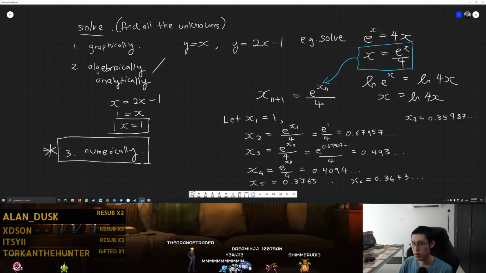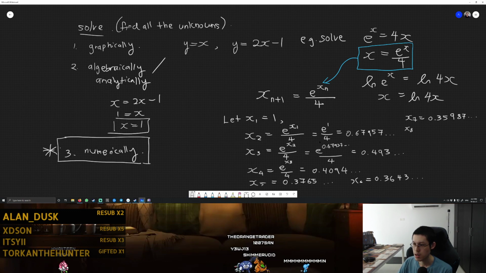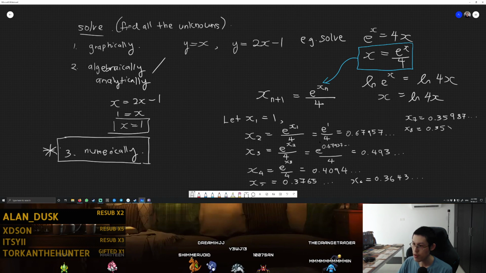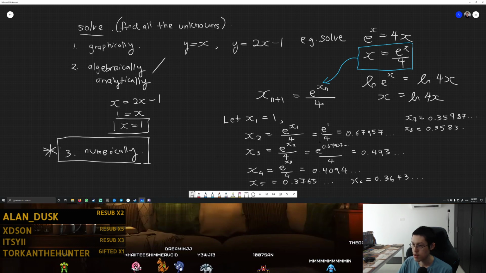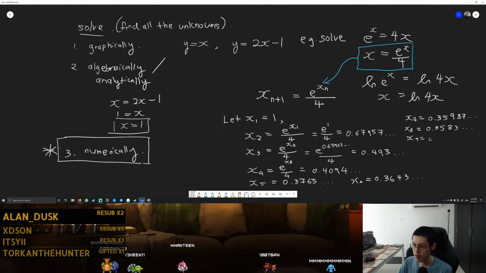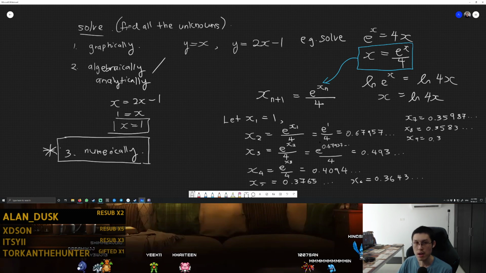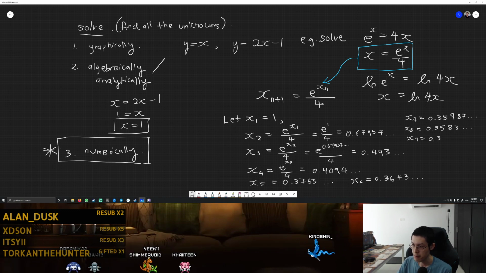So usually you want to keep going until the 4th decimal place stops changing, right? So next one is 0.3583, and then x9 is, it's actually a very fast way of doing this, because you can see I'm not putting this equation into my calculator over and over again. I'm just pressing one button, so I'll show you how to do that in a bit.